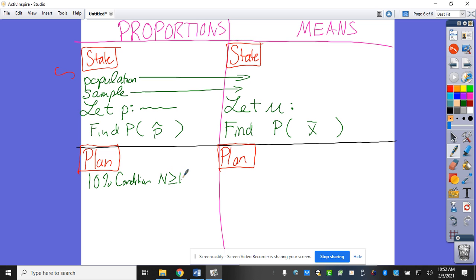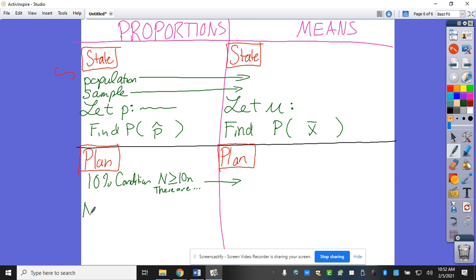So I'm just going to write n is greater than or equal to 10n. And since you have lined paper, whatever you write, you can literally show that it goes over. What's the next thing that I do for plan?